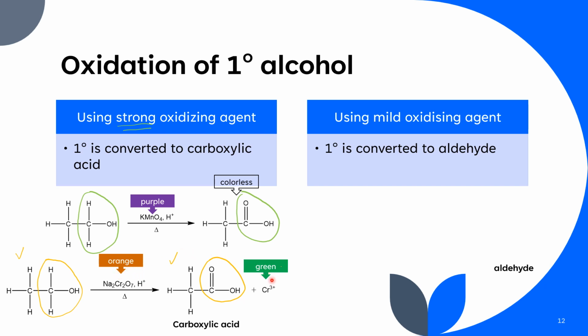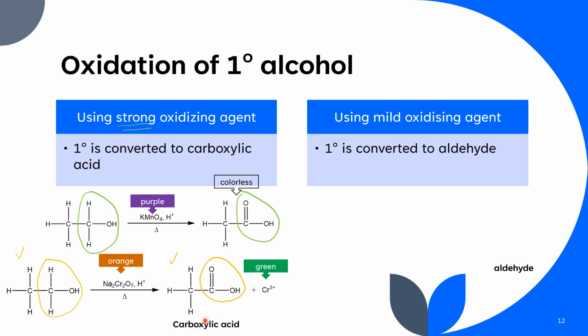Okay, because of the formation of this chromium 3+ ion, which is responsible for giving the green colour to the solution of the products. Okay, so you can observe this kind of observation in the experiment in the lab later. Okay, so that will be the products if you are using strong oxidizing agent.